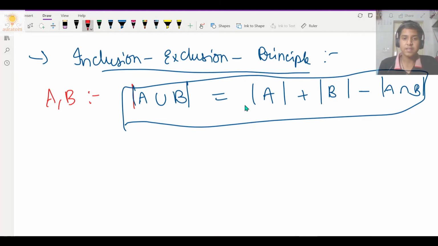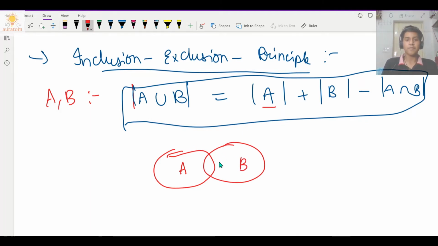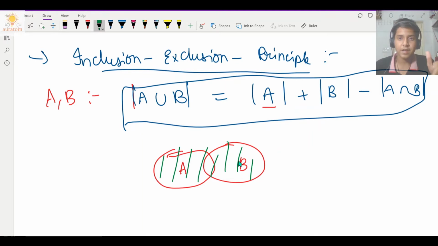So let's say that this set will be A and this set will be B. Okay, and now if you saw the second video of calculus, you'll know that A union B will be this part, right? It's like adding A and B together. So this green part will be A union B, right? So let's divide this whole part into some smaller parts.